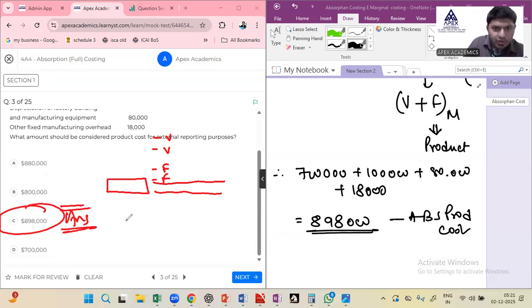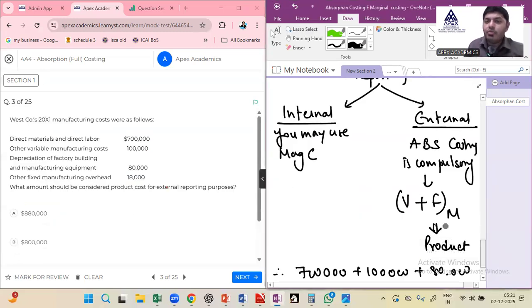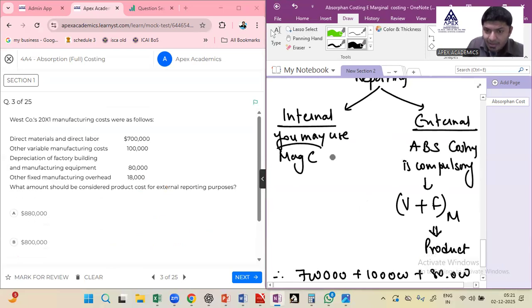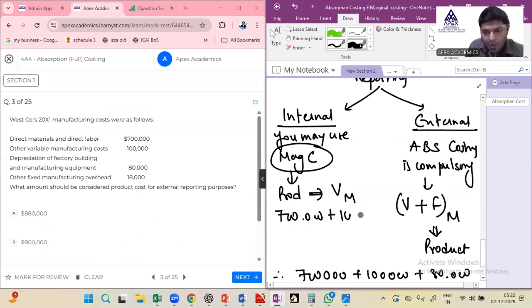For all those of us who are curious, when I am looking at internal, I may use marginal costing. In marginal costing, my product cost will only be my variable manufacturing cost. So it will be 7 lakhs plus 1 lakh.